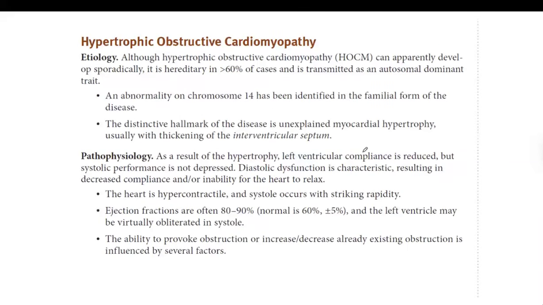Now, the next one is very, very important for exam, HOCM. In 60% of cases, it can be hereditary, which is autosomal dominant. The hallmark of this disease is that it causes thickening or hypertrophy of the interventricular septum.